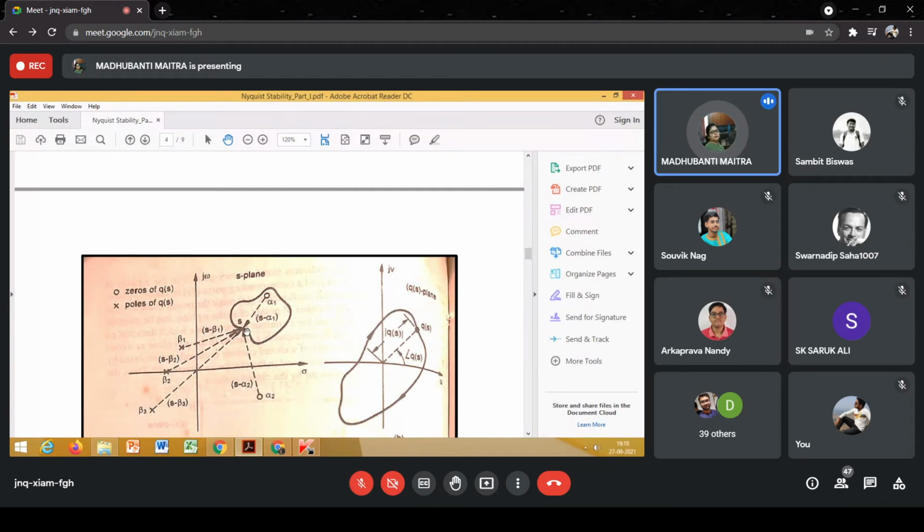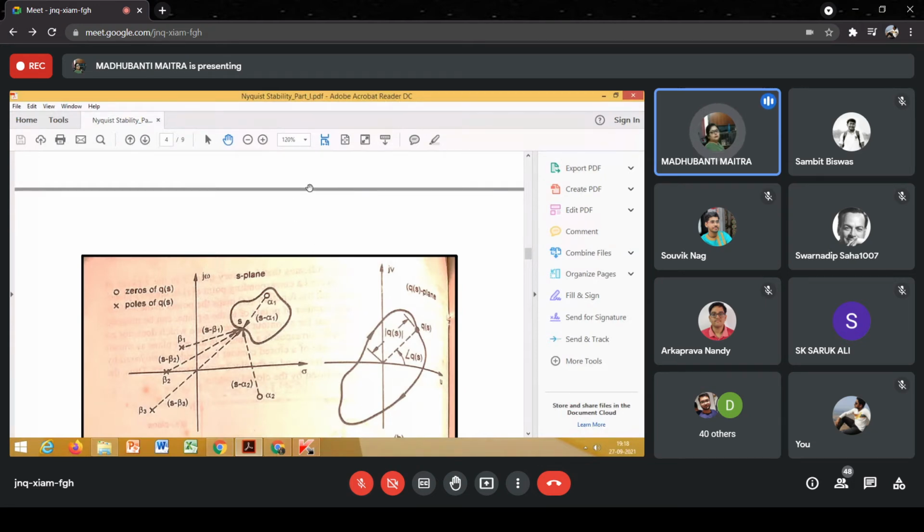As we move along this contour, you see the tip of the vector will move like this. And finally it will come to this. The tip of the vector is rotating like this.